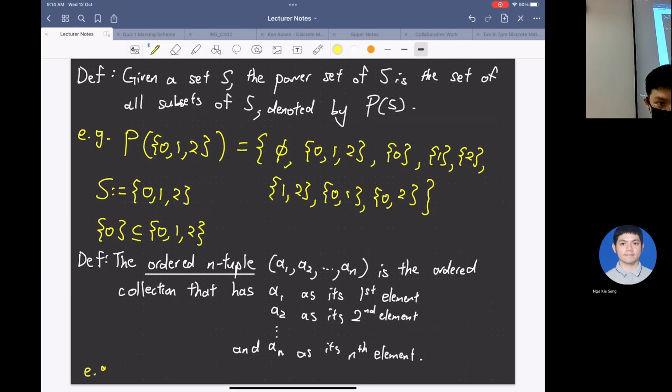So this is an n-tuple. For example, if n equals 2, this is the ordered pair, which is the xy coordinate. I mean, the xy coordinate is one of the examples.